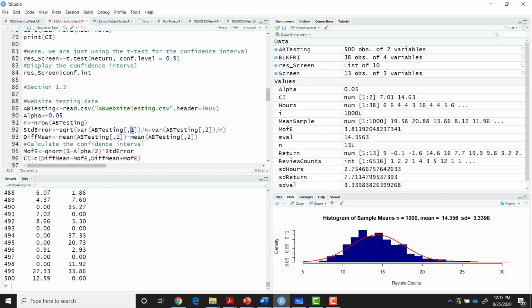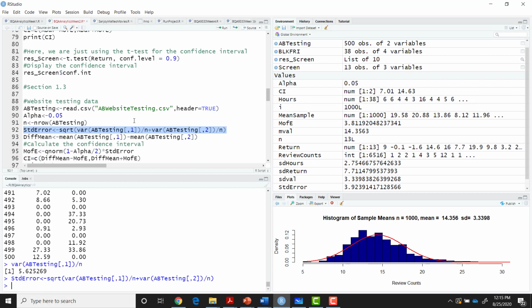So we're basically taking everything in the first column of that data frame, calculating the variance, and then dividing it by n. This is just that first formula I showed you. Then we do exactly the same for the second group, and then we square root it. So that's our standard error, just that formula I showed you when we did the combined z-test.